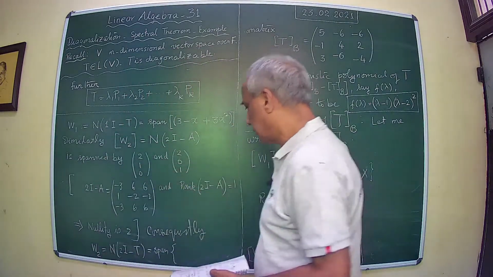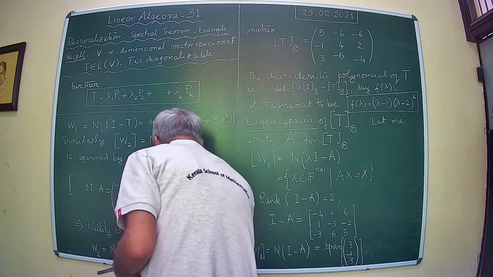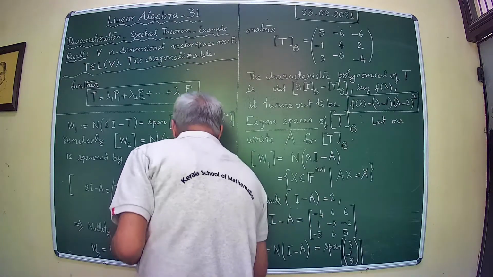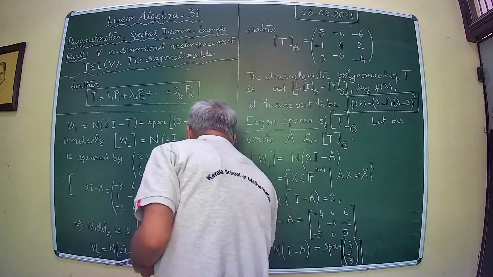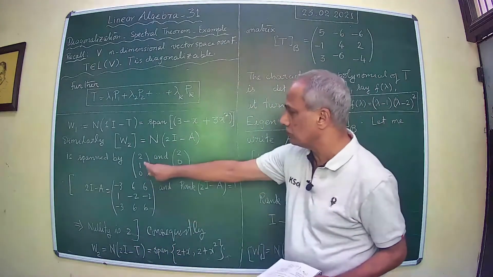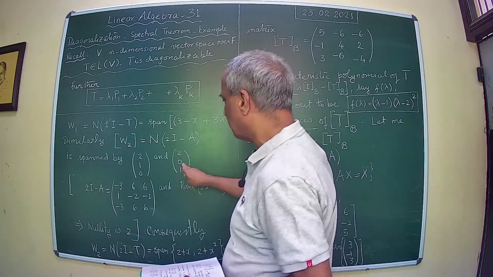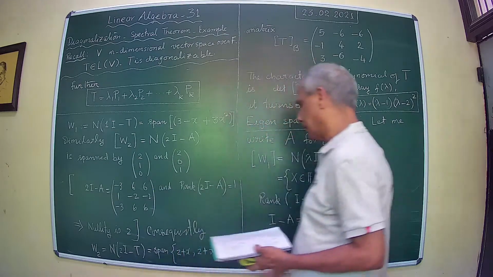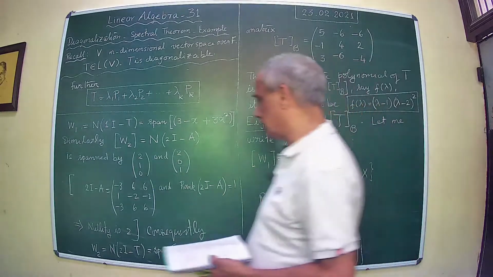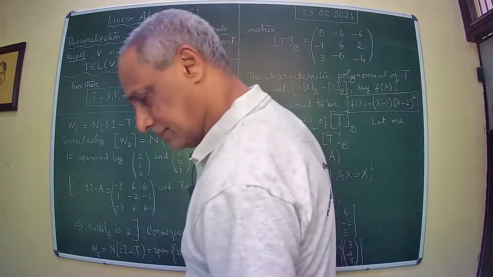What are the polynomials? 2 plus x and 2 plus x square. Corresponding to this, you get 2 plus x. Corresponding to this, you will get 2 plus 0 times x plus 1 times x square, that is 2 plus x square. So this is the story of how W2 looks like in the polynomial space.